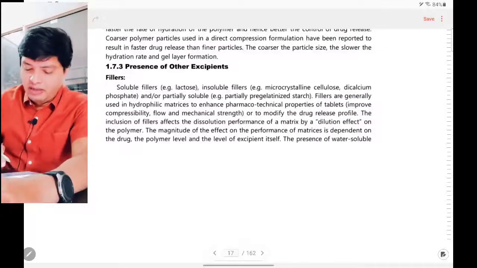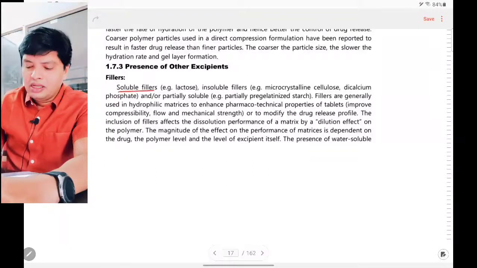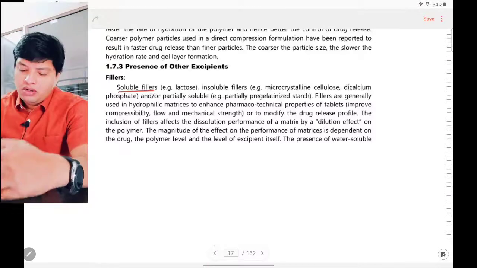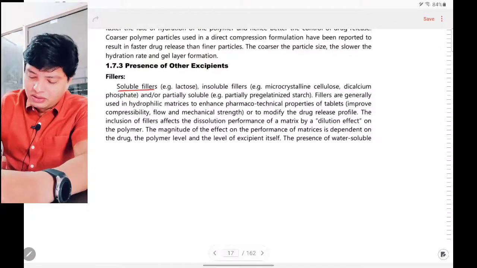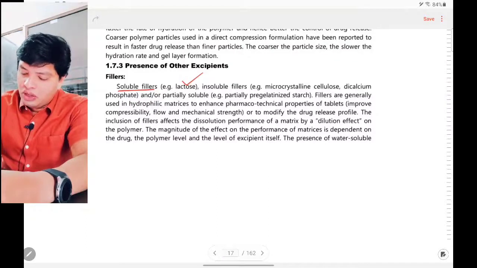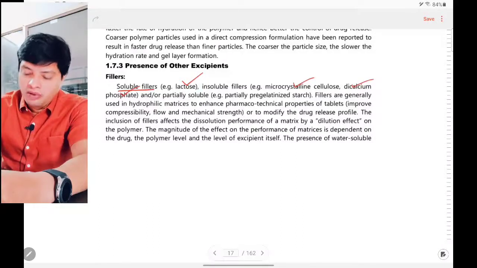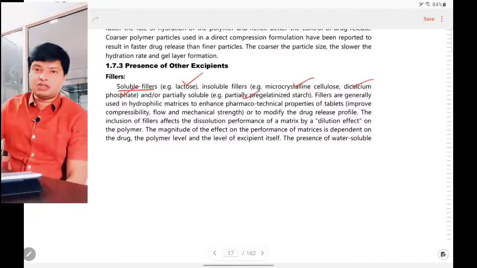Regarding the excipients, we are targeting fillers: soluble fillers, insoluble fillers, and partially soluble fillers. An example of a soluble filler is lactose. Examples of insoluble fillers are microcrystalline cellulose and dicalcium phosphate. An example of a partially soluble filler is partially pre-gelatinized starch.